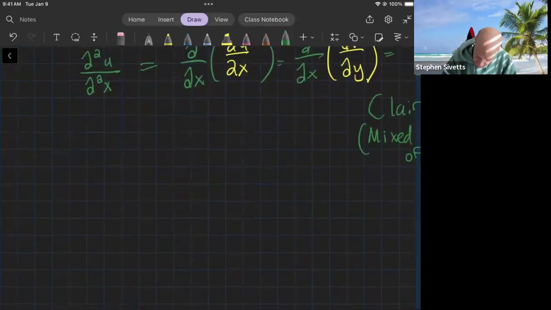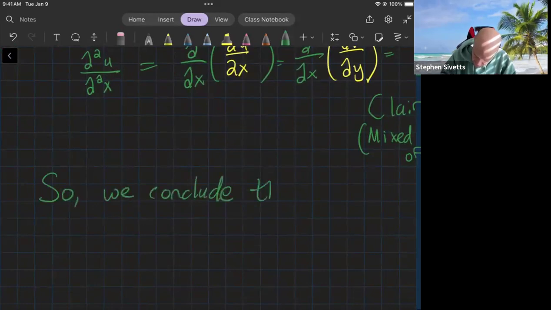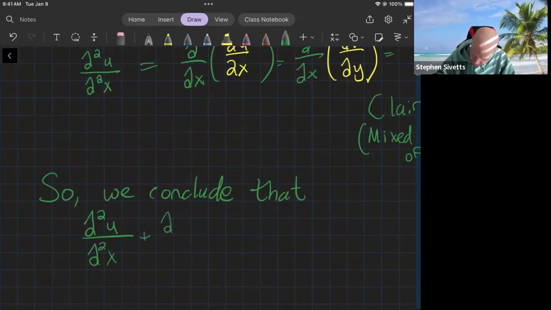Okay. So we conclude that the second partial of u with respect to x plus the second partial of u with respect to y is equal to 0.